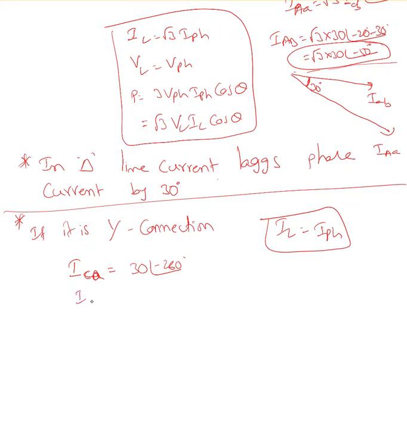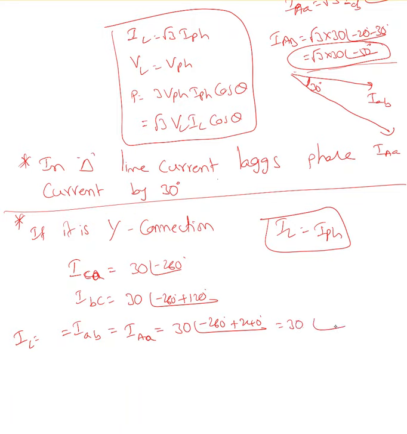So if I know ICA, can I find IBC and IAB? IBC equal to 30 at an angle of minus 260 plus 120. IAB, this is my phase current, equal to line current, which is IAA. That's the line current, 30 at an angle of minus 260 plus 240. So 30 at an angle of minus 20 degrees. That's my line current.